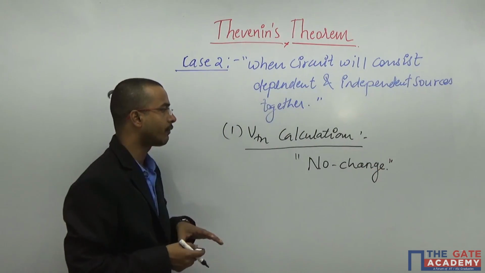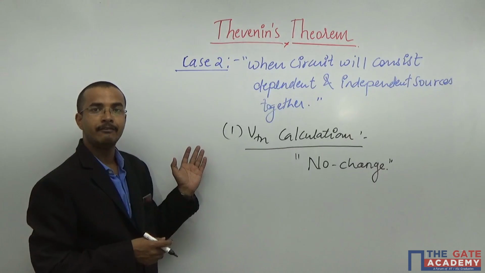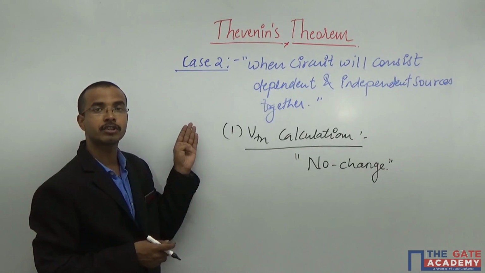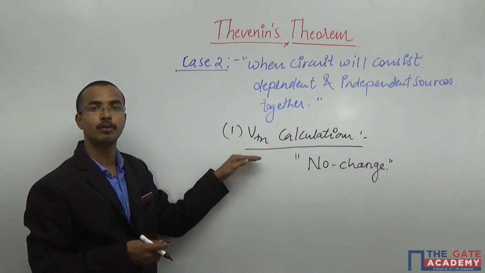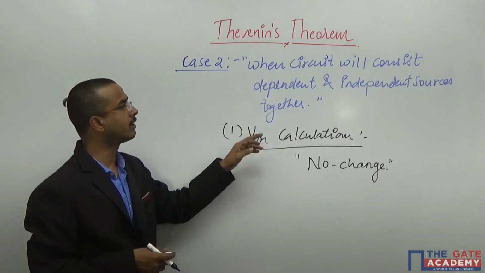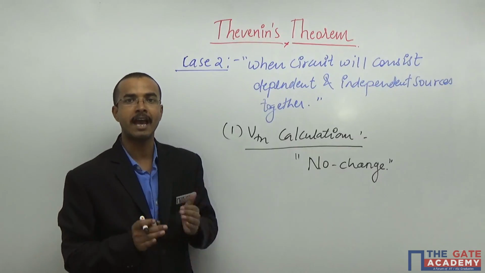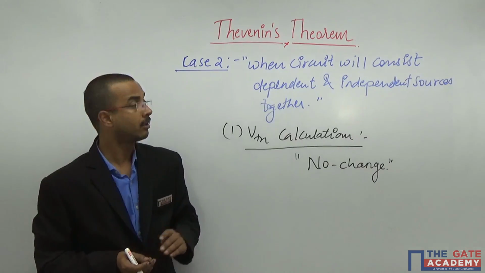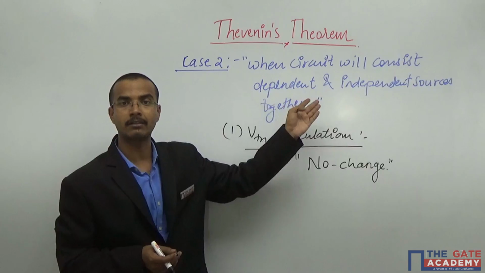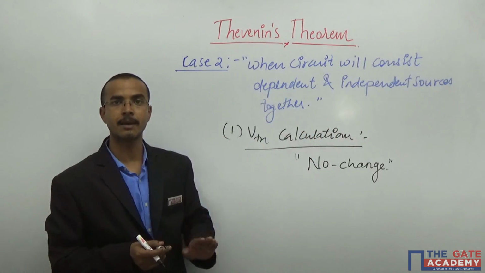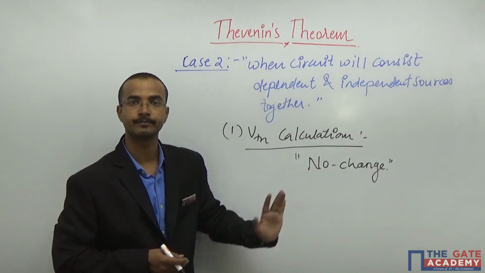Whatever procedure I have followed for VTH calculation with independent sources only, the same procedure I will follow here. But the new thing will be the dependent sources. In the methods of analysis, we have seen how to deal with dependent sources to calculate the voltage or current. The same procedure I will follow here also.